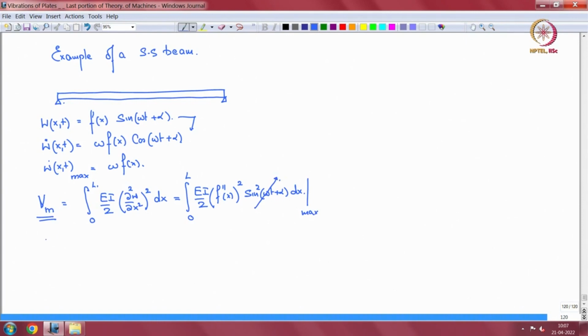Then the T max, the maximum kinetic energy, is 1/2 integral 0 to L of m omega square f square dx, which equals m omega square by 2 integral 0 to L of f square of x dx.